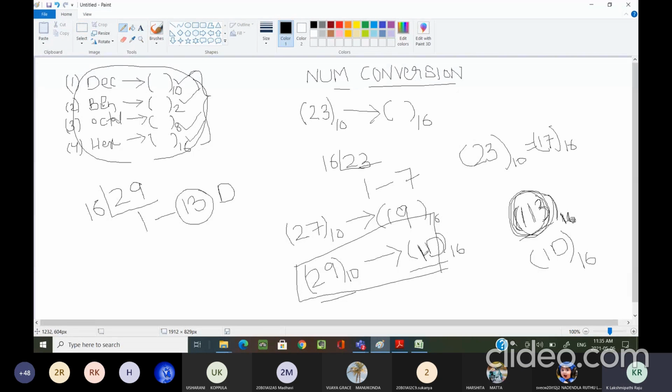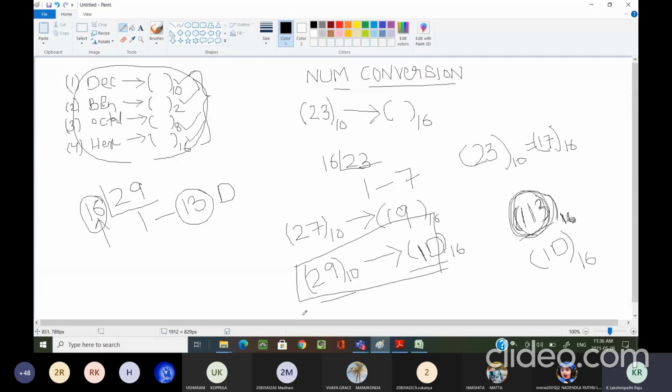That is the reason you should be conscious and clear whenever you are dividing with base 16. For the remaining bases, we don't get this type of problem, only for base 16. Why?